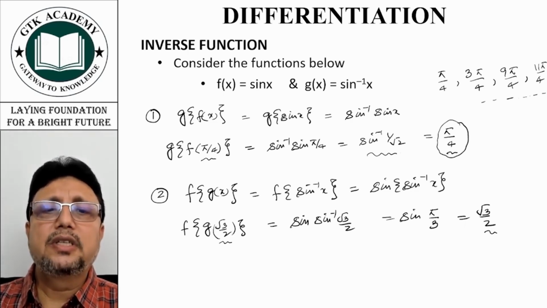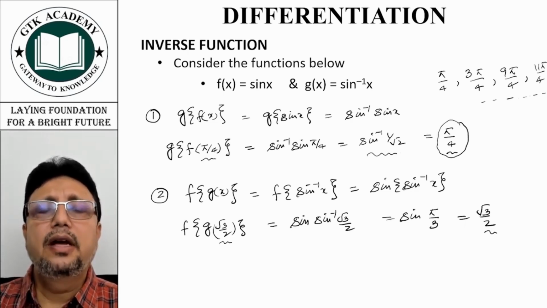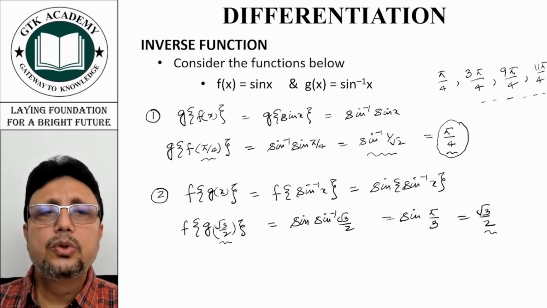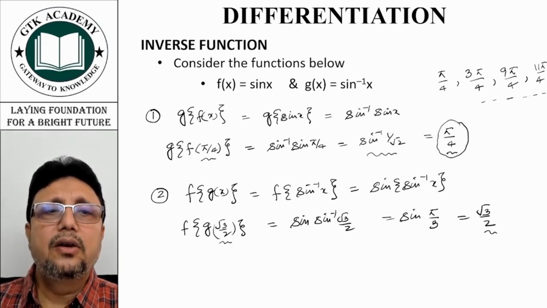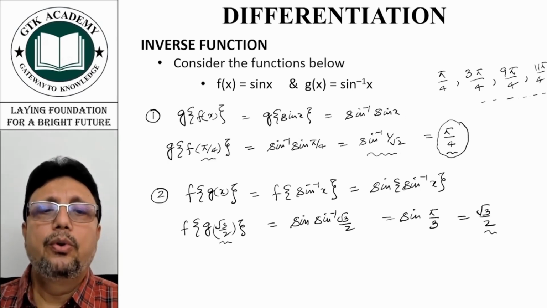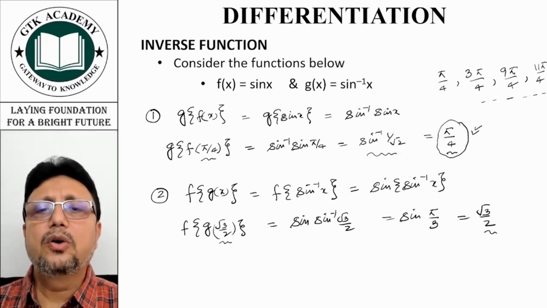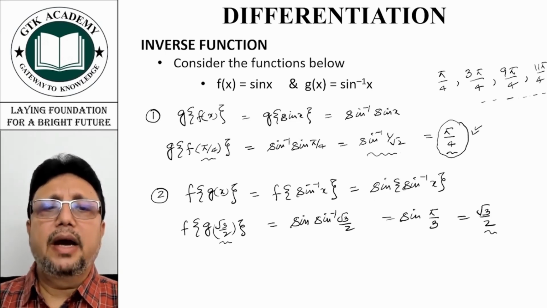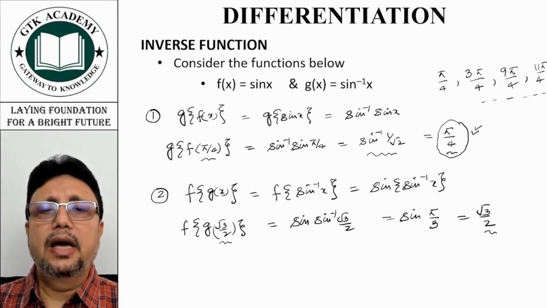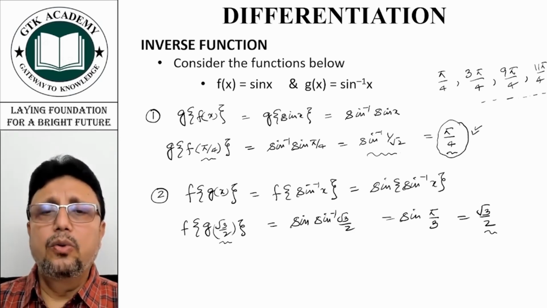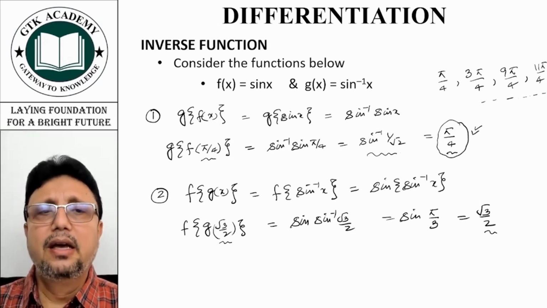So these are only four examples I have given. There are infinite angles whose sine is 1 upon root 2. But we have only taken one angle, pi by 4. Why? Because we have only taken the values between minus pi by 2 and plus pi by 2. That is the reason. We generally use the angle between this domain only, and this is the angle which comes to our mind.